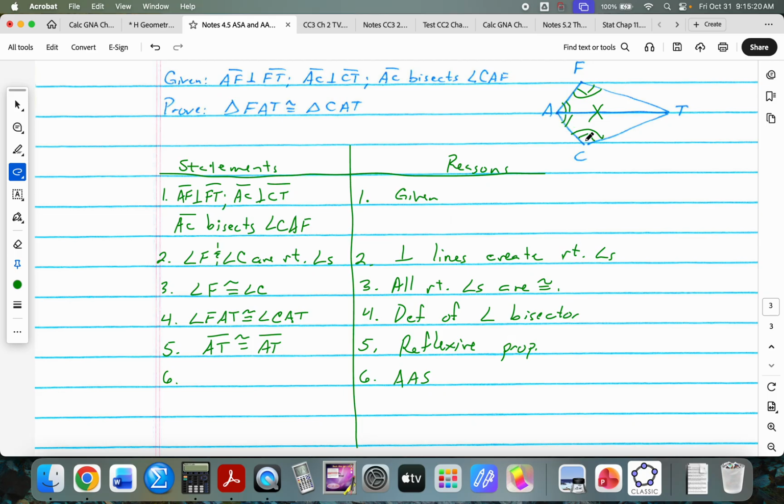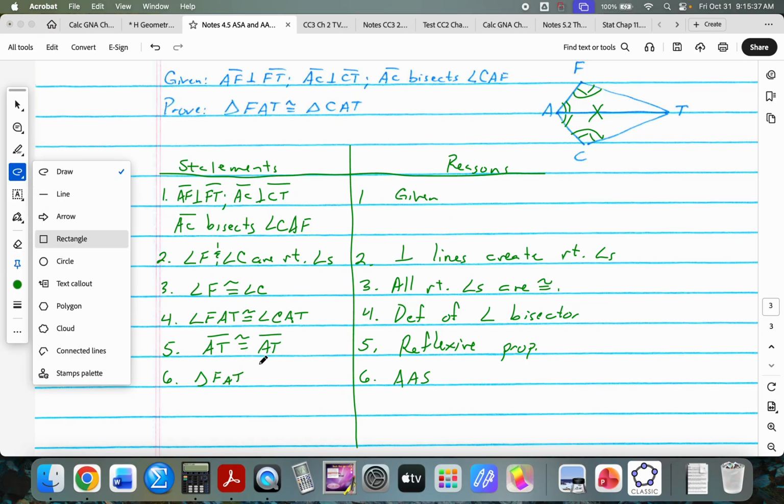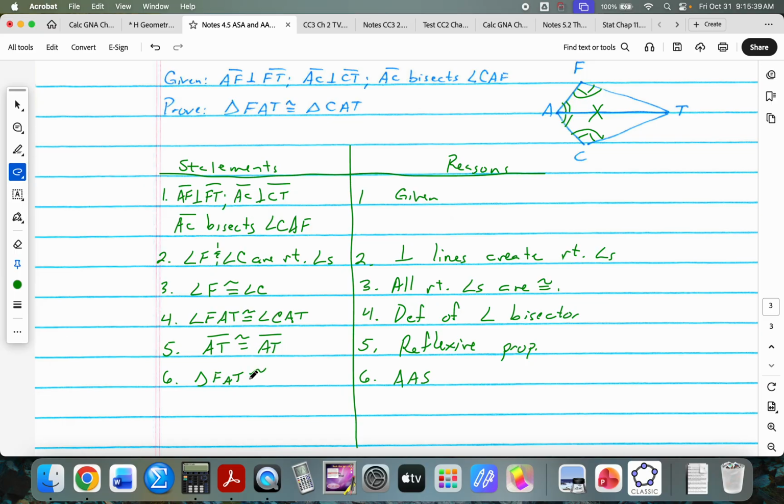It's not in between the two angles. There we go. So triangle FAT is congruent to triangle CAT by angle, angle, side.